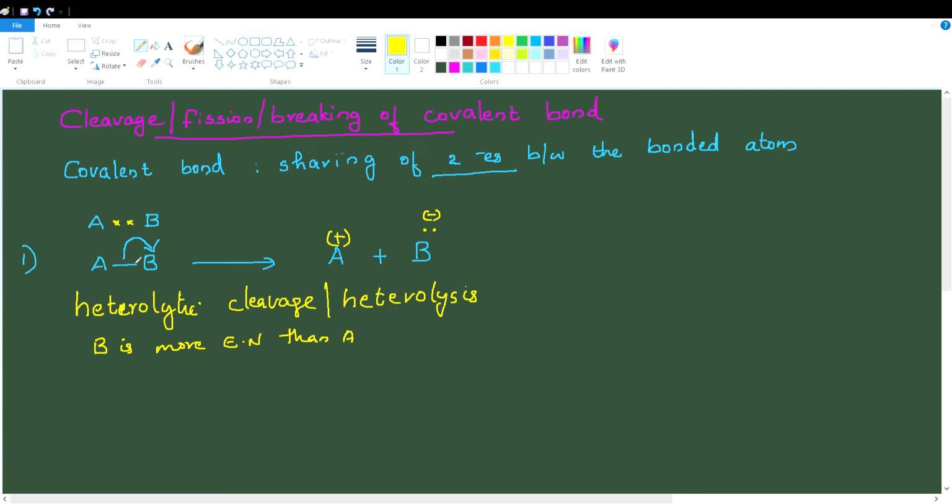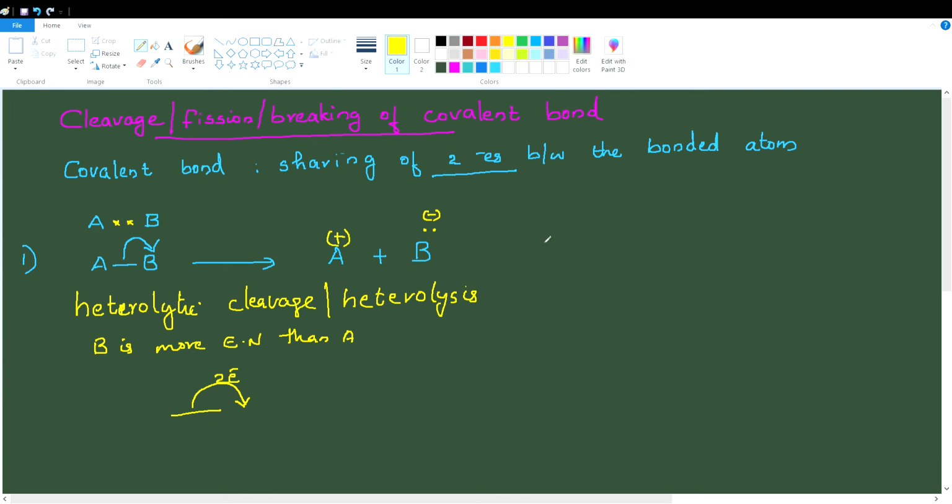This movement of two electrons is represented by a curved arrow, a full-headed arrow, from the middle of the bond towards the adjacent atom. Heterolytic cleavage is represented by a curved arrow representing the movement of two electrons.